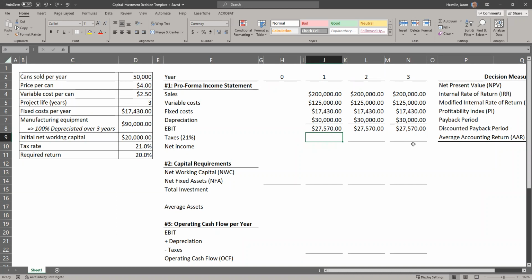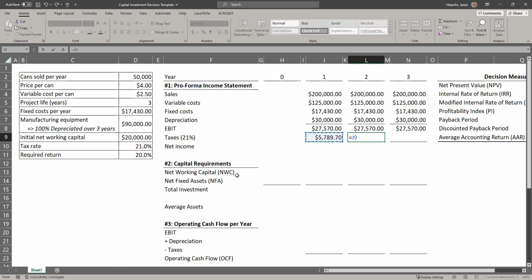And then we go to EBT, which is the taxable income, and then you take out the taxes. Because there's no interest, we can go straight to take away the taxes and then get the net income. So we take the taxable income in this case, because there's no interest, times the 21%, and we have that amount in taxes. To repeat, in this case, the EBIT and the EBT are the same because it's 0 interest.